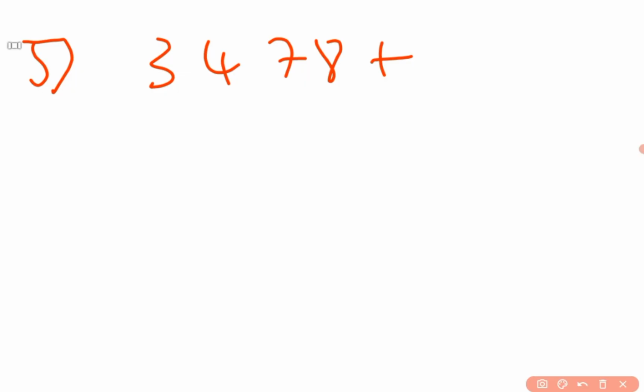Now, example 5. What if we now have a number like 3,478 plus 365. Place value. So here you have hundred, tens, and unit.